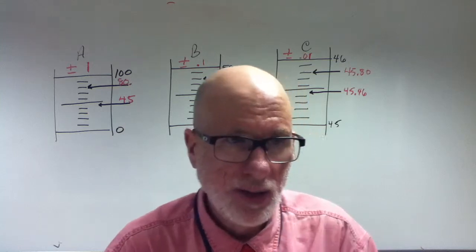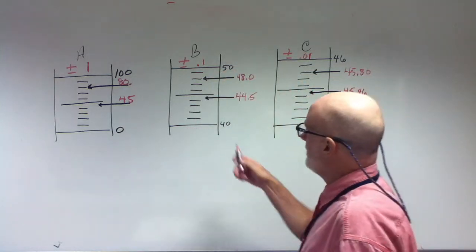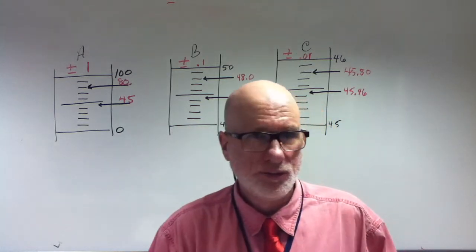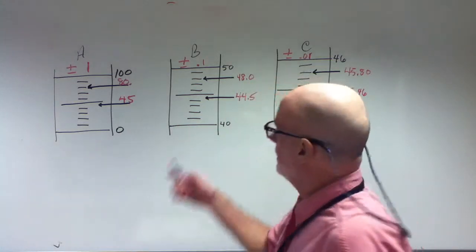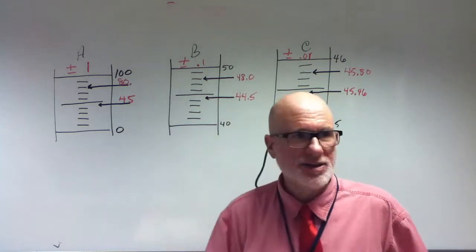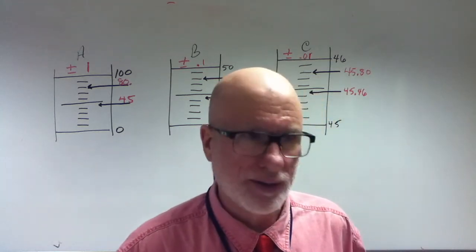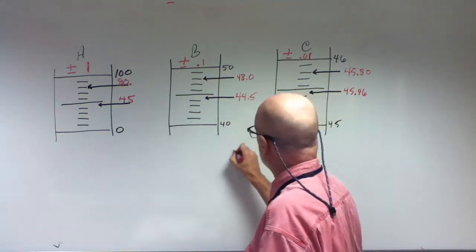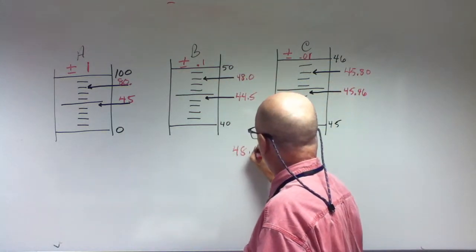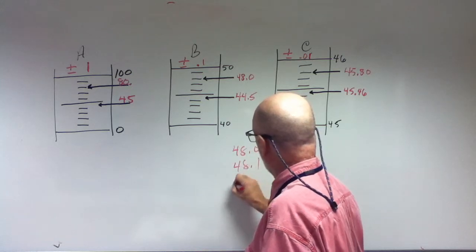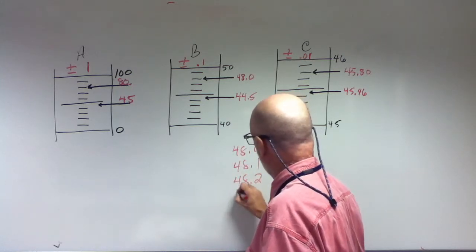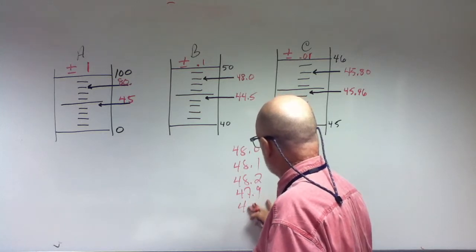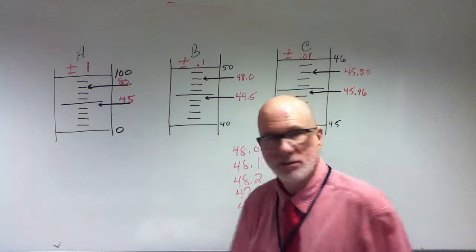If I'm going to use scale B to measure the quantity of, let's say, 48.0 milliliters of water, and I do that a bunch of times, I'm coming up with data points like 48.0, 48.1, 48.2, 47.9, 47.8, right?